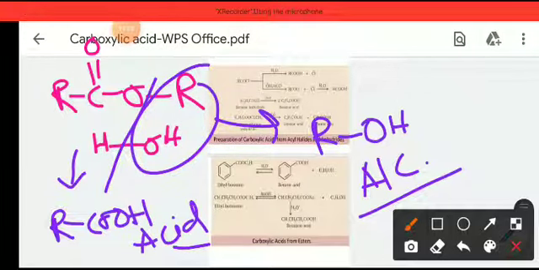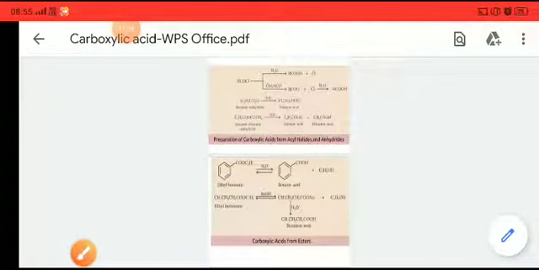Although the pathways are different, the end product is the same. But the water should be there. So while we use water to hydrolyze ester, it will give acid and alcohol. All of these 7 to 8 reactions can be used to prepare carboxylic acid.